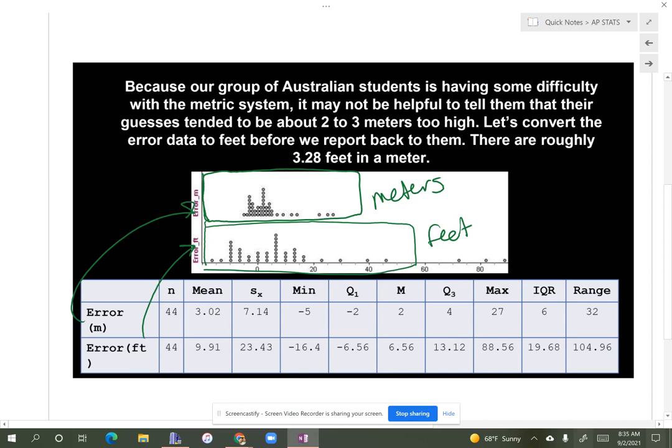It said there are roughly 3.28 feet in a meter. If we look at it, what has changed? If we look at the relationship between the two, I bet if you grabbed your calculator and multiplied every measurement by that conversion, 3.28, that's the difference between the two.